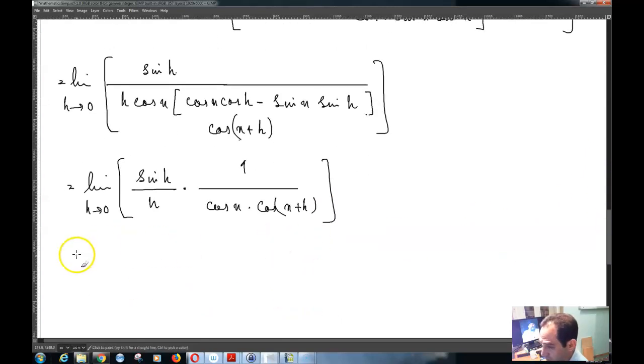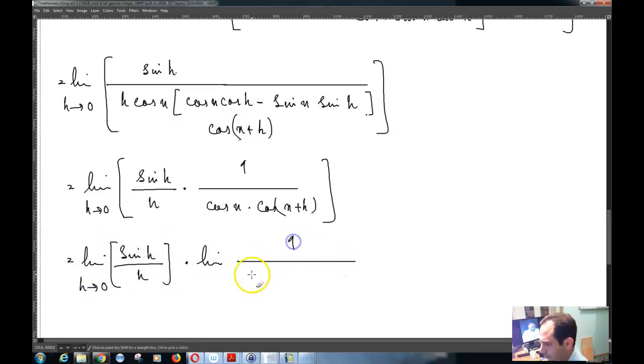So then I can write this as the limit of sine h over h as h tends to 0 times the limit of basically 1 over cos x times cos x plus h as h tends to 0. This whole thing becomes 1.